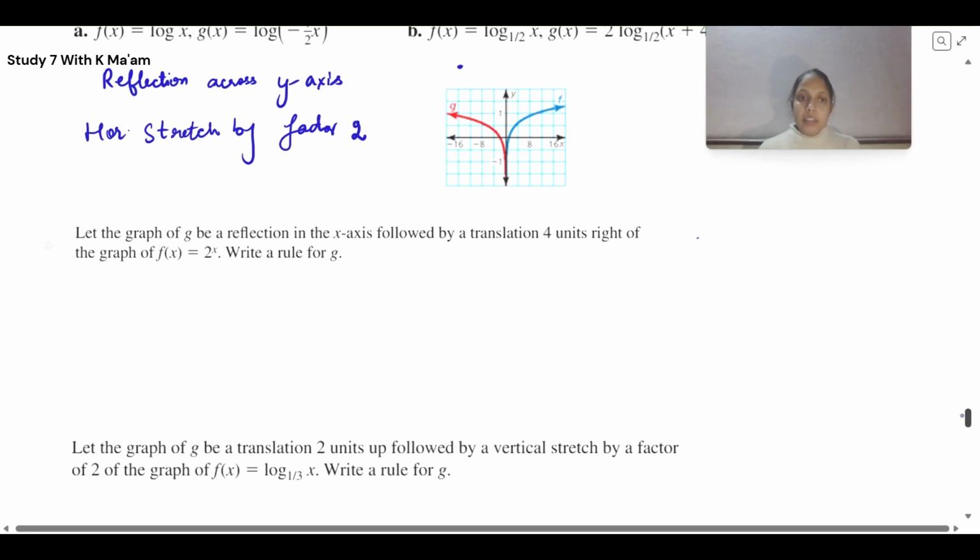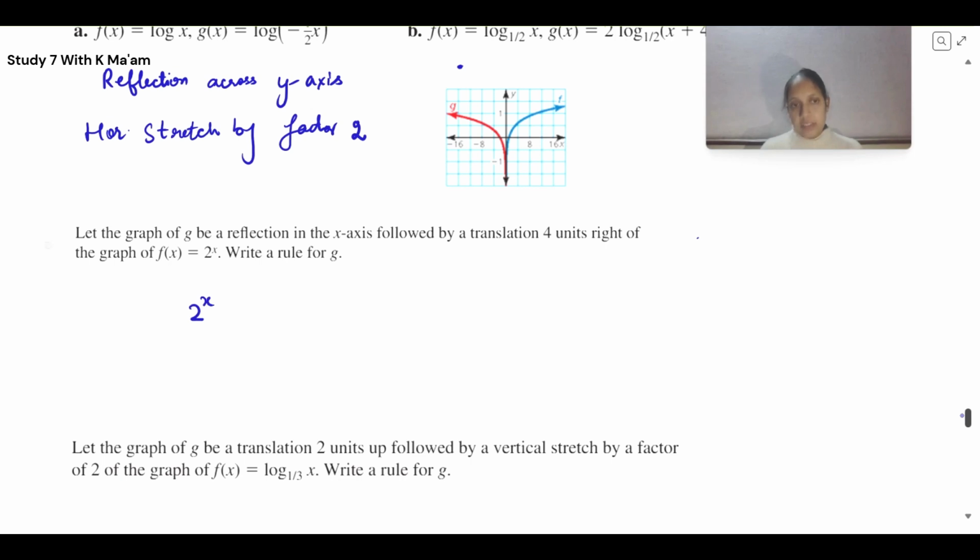Next we have a graph. Let g be the reflection in the x-axis followed by a translation 4 units right of the graph, and write the rule. I will write one by one. I start with 2 power x. First is reflection in the x-axis. Reflection in the x-axis means your complete function will be multiplied by negative, so this changes to negative times 2 power x.